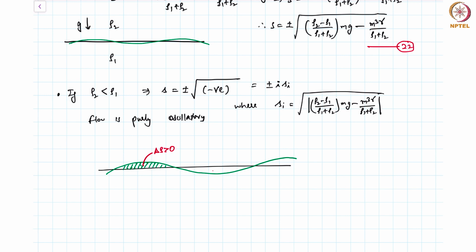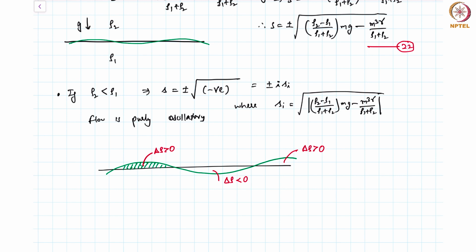On the other hand, where you create a depression, the delta rho is actually less than 0, because originally it was basically rho 1, but now you filled it with rho 2, which is a lighter fluid, and therefore this particular region will have a density difference less than 0, and again in this region you have a density difference which is greater than 0.